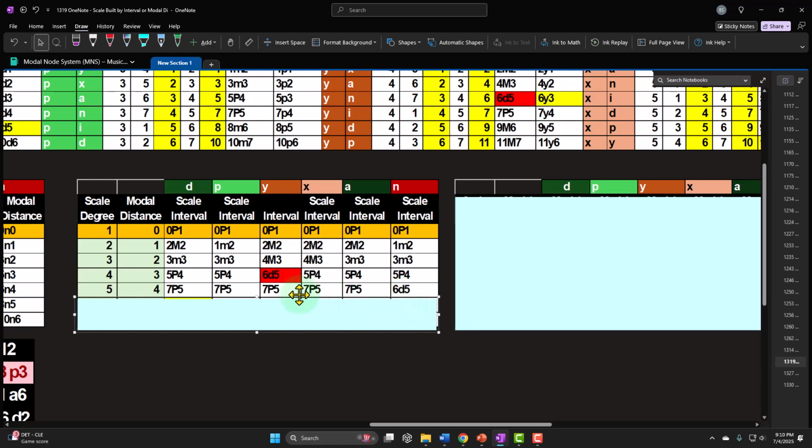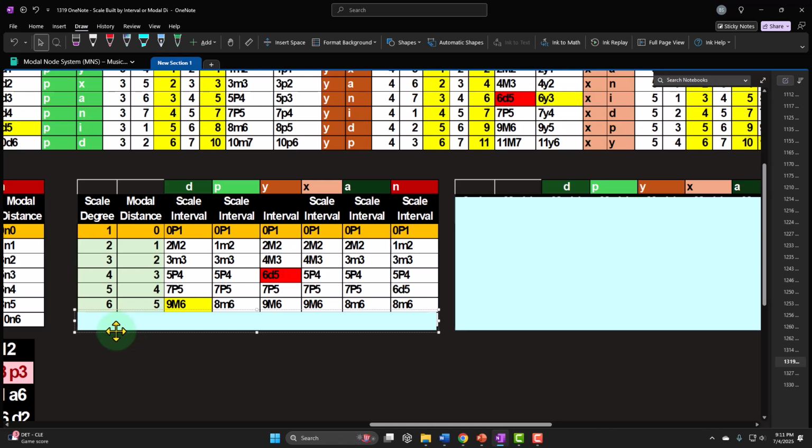That 6 note away is the same as this one, but it's 6 note aways to get us to the 5th scale degree in this case, because we're looking at scale degrees, versus this one would be the 4th scale degree, although it's misnamed because that should be a 4. That's why it's red. That's because there's 2 names for that, and I don't want to get all crazy trying to get the 2 names on the Excel worksheet because I don't think it's worth the time.